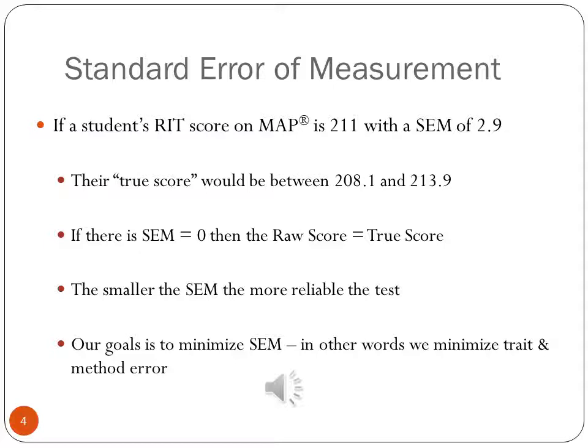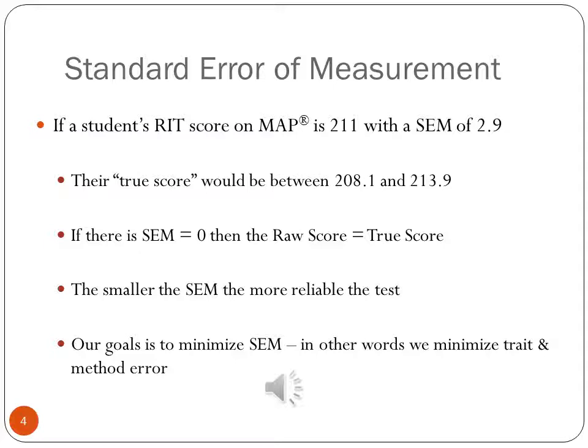If the standard error of measure were 0, then the observed score would equal the true score. But we're dealing with children and adults in various environments, and so there is always a little bit of error in a test result. What we need to look at is if it's large or if it's small.